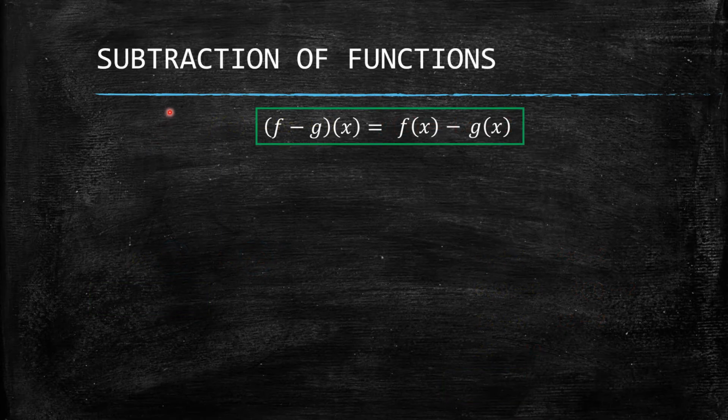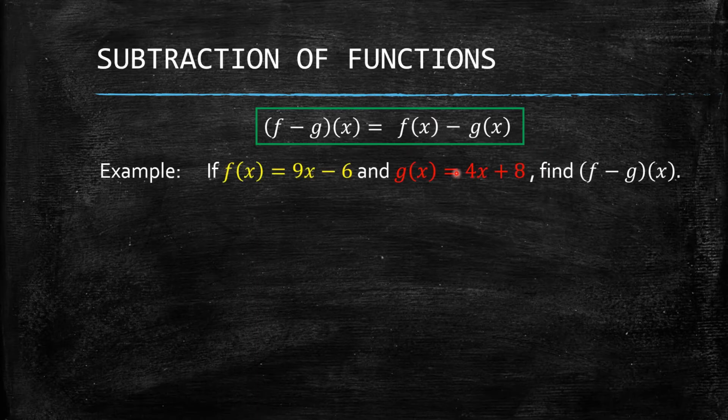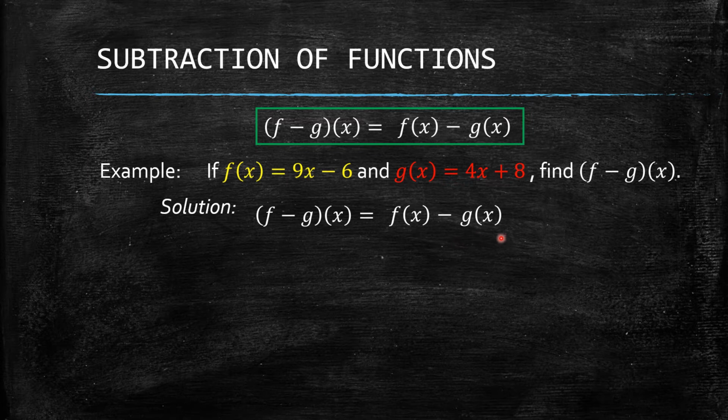Now let's have subtraction of functions. And we will have this formula. Let's have an example. If f of x is equal to 9x minus 6 and g of x is equal to 4x plus 8, find f minus g of x. To solve, we will have f minus g of x, that is just f of x minus g of x.